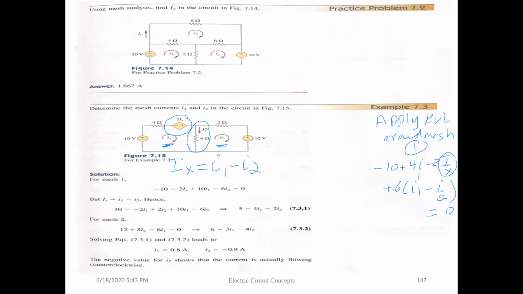So now I can substitute Ix equal to I1 minus I2 in this equation, and then collect the similar terms. Let's do that here, where there is more space. So it will be minus 10 plus 4 I1 minus 2, open parentheses, and then plug in for Ix, which is I1 minus I2.